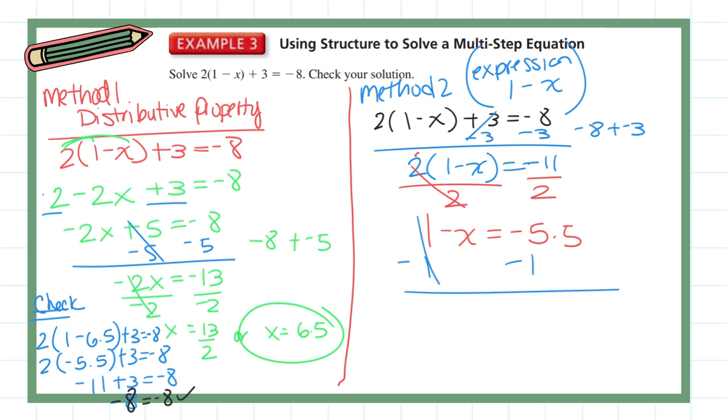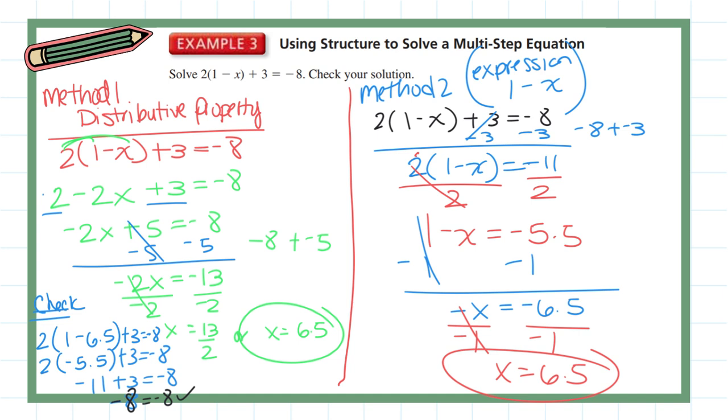So now to leave x on itself, we're going to subtract 1 from both sides. This cancels out and we're left with negative x equals negative 6.5, okay? And remember, you can never leave a variable as a solution with a negative sign. So you're going to divide by negative 1, or just do the opposite of whatever, and x equals 6.5.